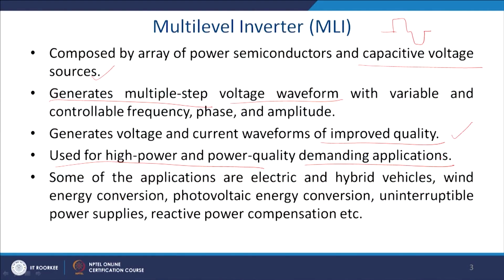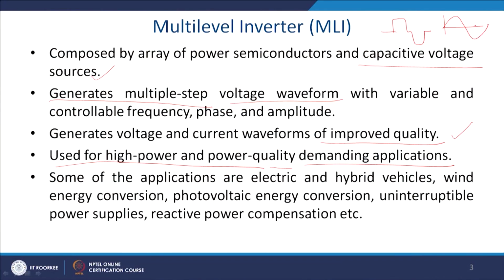In all those cases, if you use a multi-level inverter, then you can supply high quality power to the drives or the machines. Then a sine wave is best suited for your machine, because the rate of change of voltage is low and it has the least impact on the insulation of the machines.